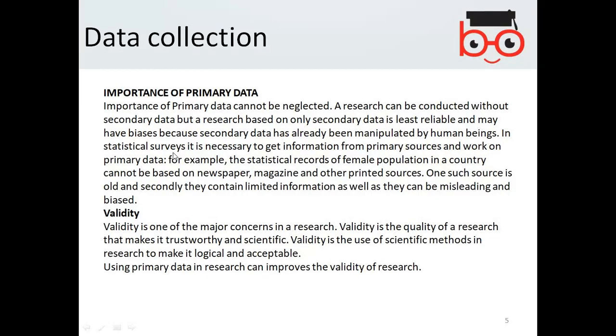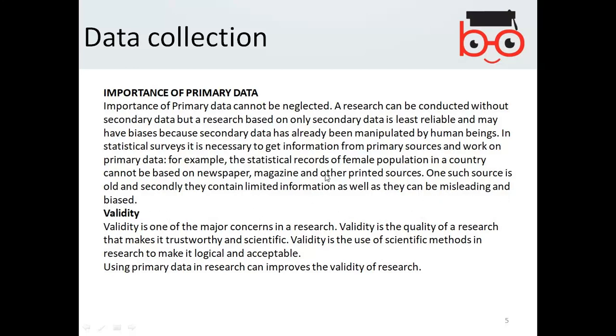In statistical surveys, it is necessary to get information from primary sources and work on primary data. For example, the statistical records of the female population in a country cannot be based on a newspaper, magazine, or other printed sources. Firstly, such sources are old, and secondly, they contain limited information and can be misleading and biased.